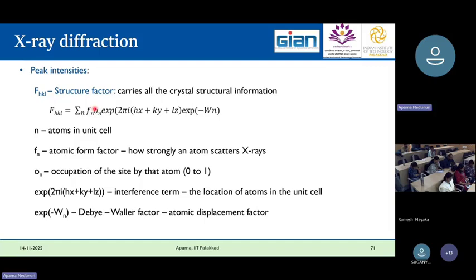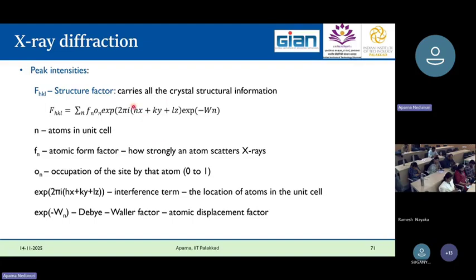Say if you have 50-50 phase compositions or a solid solution, in that case you will not have an occupancy of that particular site by this atom as 1. It can vary from 0 to 1. And this is the interference parameter, which mostly talks about the location of atoms in your unit cell.